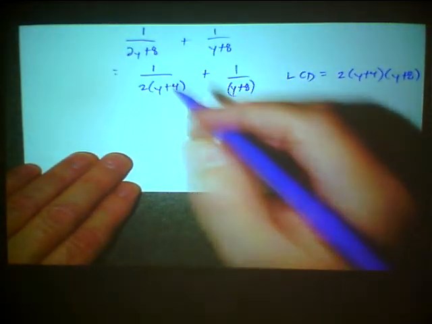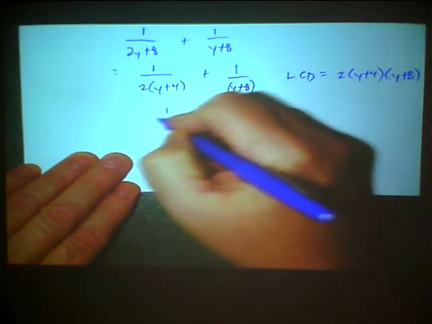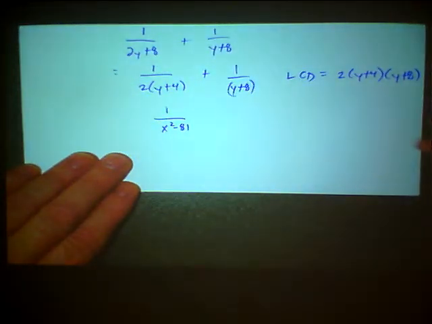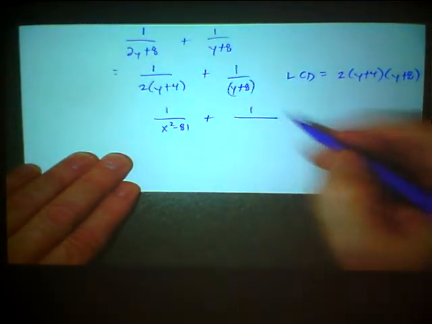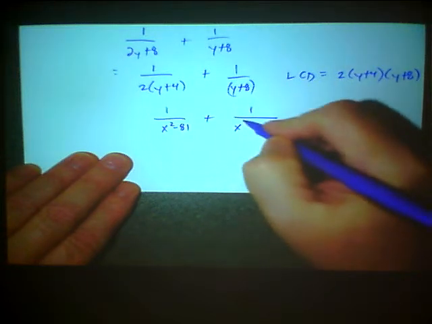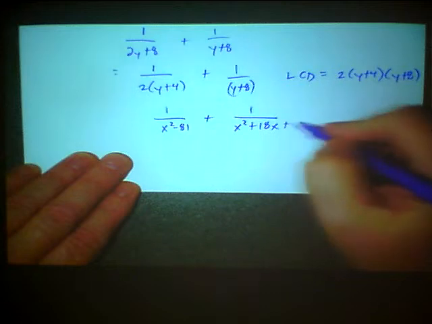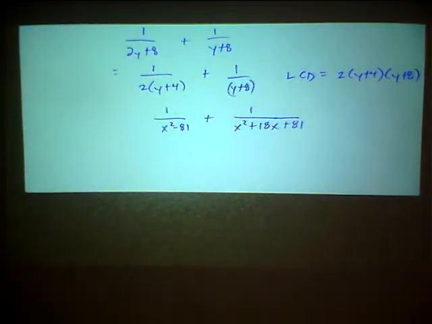How about 1 over x squared minus 81 plus 1 over x squared plus 18x plus 81. All right. Factoring. Do I need to factor? Yes.